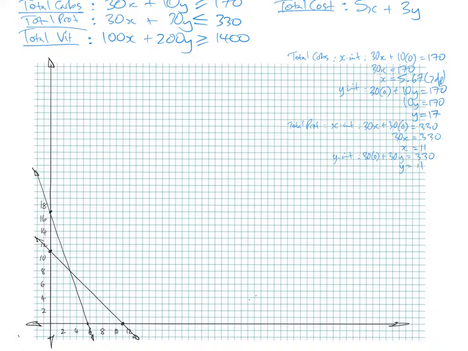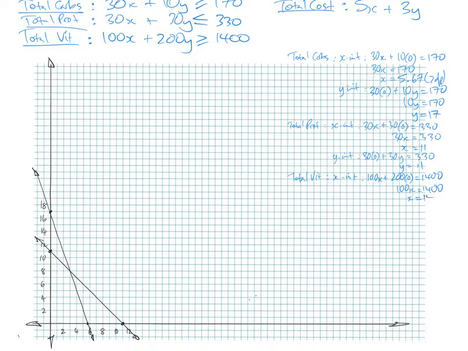So at this stage, we've got two of the constraints down. We need the third one. Total vitamins. X int is when y is equal to 0, so 100x plus 200 lots of 0 equals 1400. 100x is equal to 1400.